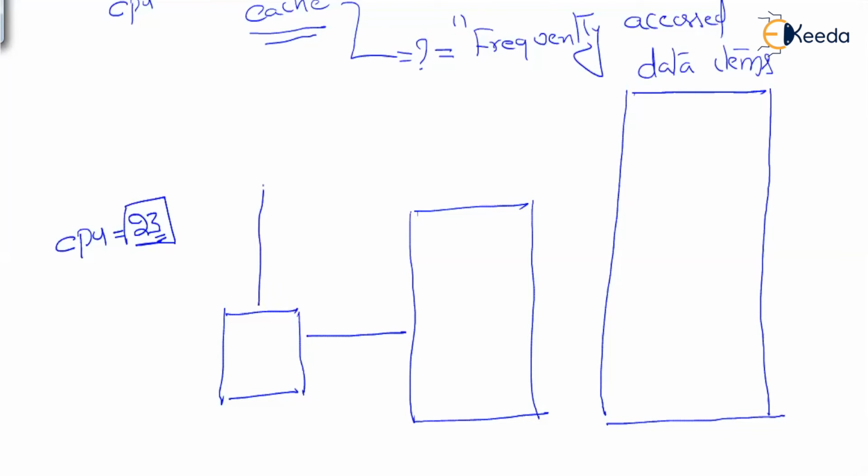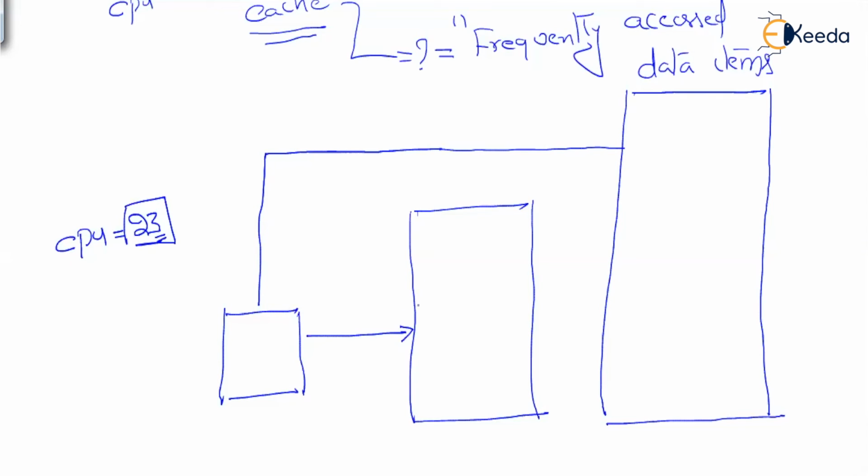Now you know that if the CPU wants to access any data item, it is going to search in the cache memory, because if the data item is already available in the cache memory, it will not take much time to locate it.